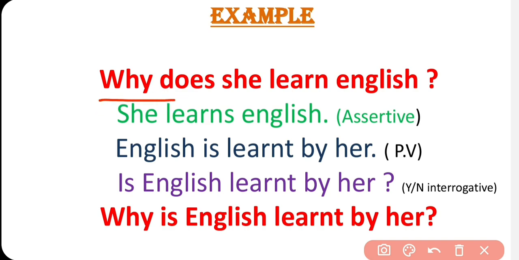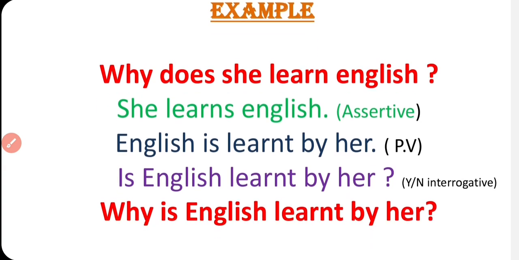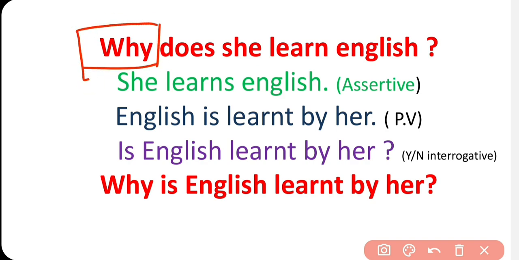So here I have taken an example of WH question. Why does she learn English? It is a WH question, because here the WH word starts the sentence. What I have told in the rule in step number 1 or 2, I have said that you have to remove the WH question first.